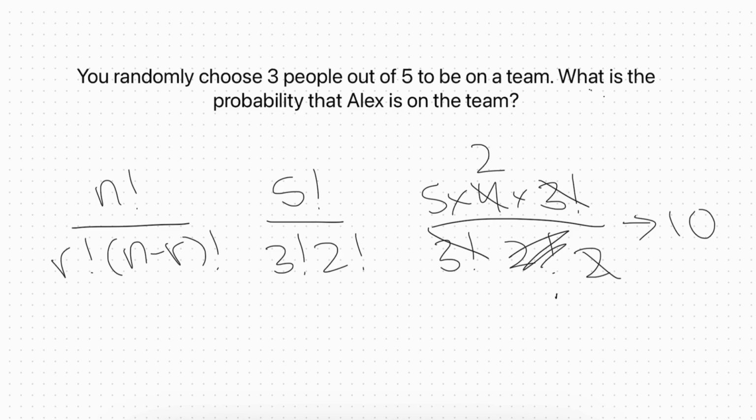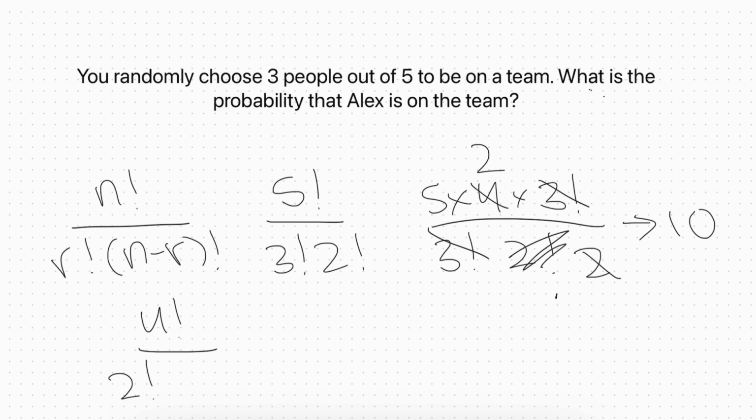So again, we'll be using the combination formula, but this time n would be 4 and r would be 2. Using the same formula, I'm not going to rewrite it. So n would be 4, so 4 factorial, and r, like I said, would be 2, so 2 factorial.